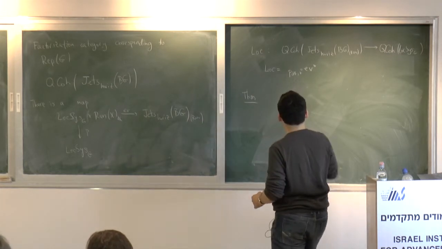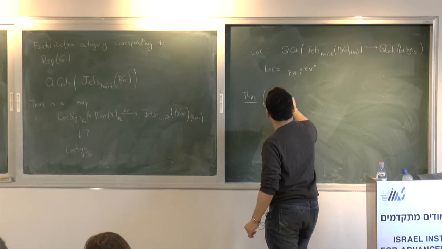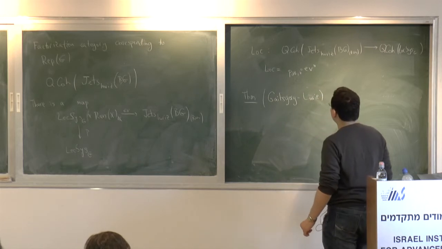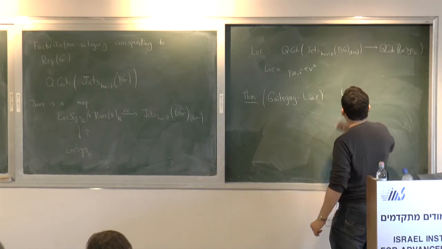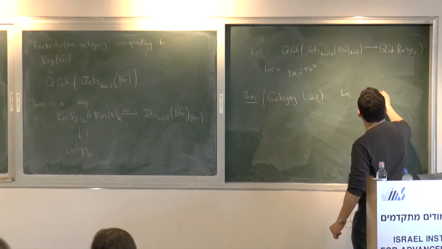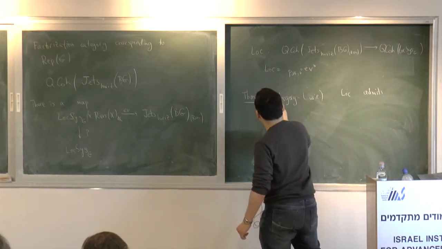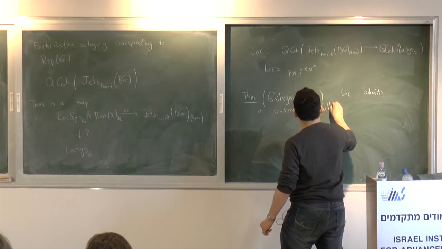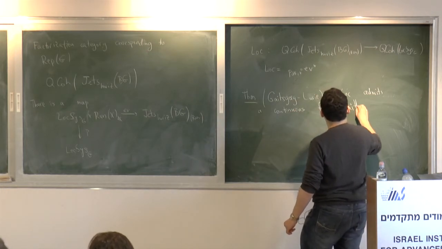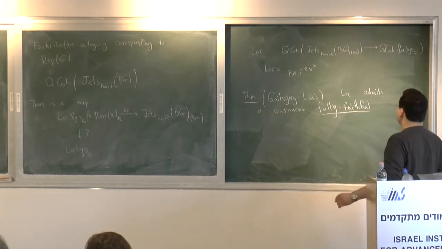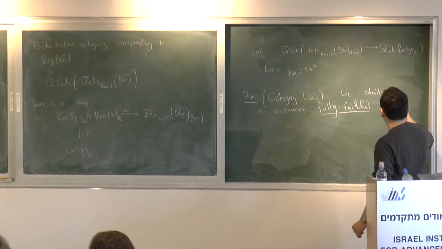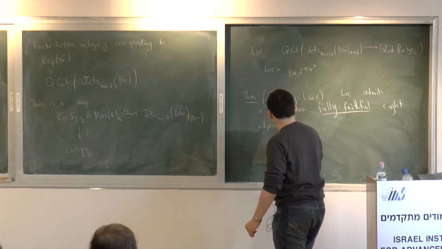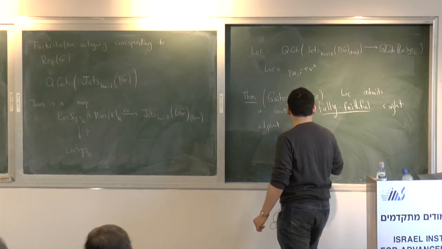All right, so we have such a functor, and then the main theorem here, which is due to Dennis and Jacob, is that, first of all, this localization functor admits a continuous, fully faithful (so this is the key point) right adjoint, which I'll call co-localization.